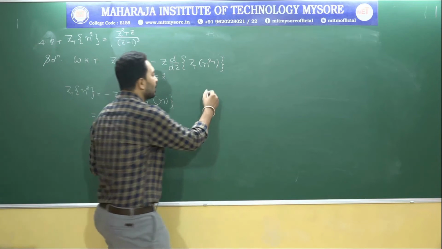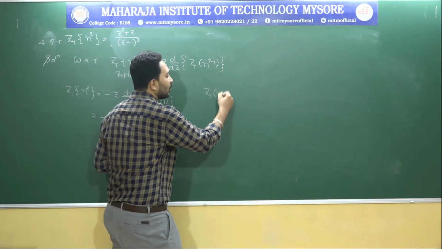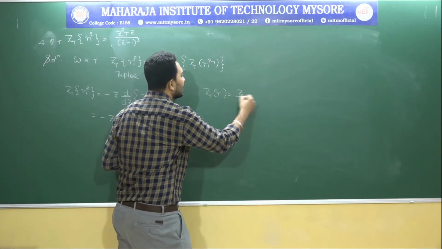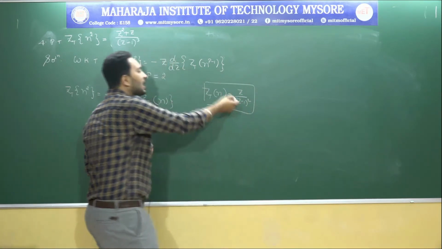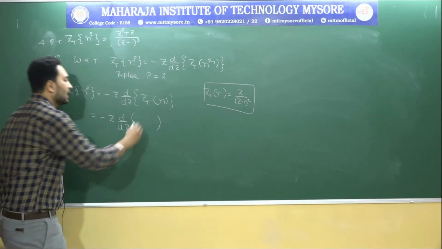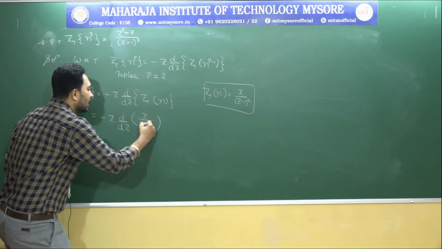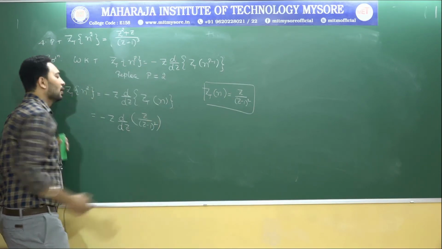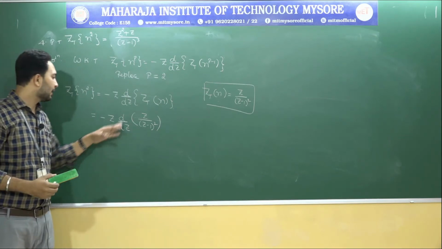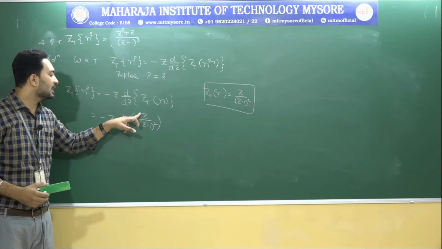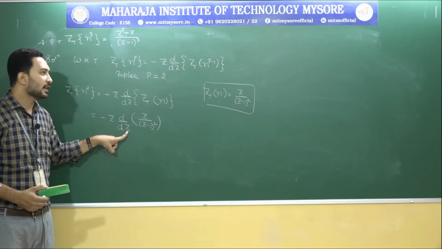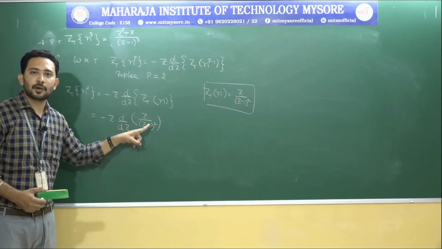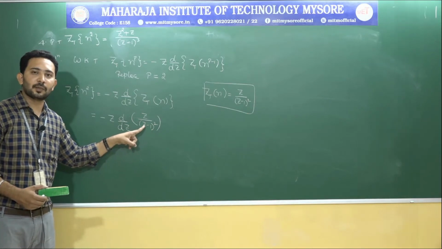So what is the z transformation of n? The z transformation of n is z divided by z minus 1 whole square. We need to apply this here, that is z divided by z minus 1 whole square. Next we have to differentiate z divided by z minus 1 whole square with respect to z. This is in the form of the quotient rule, that is the u by v method.